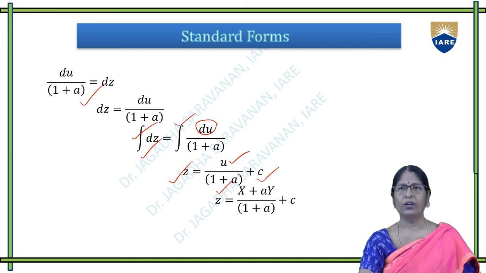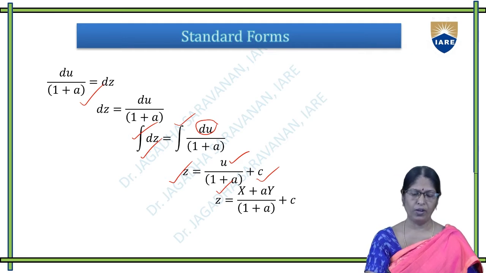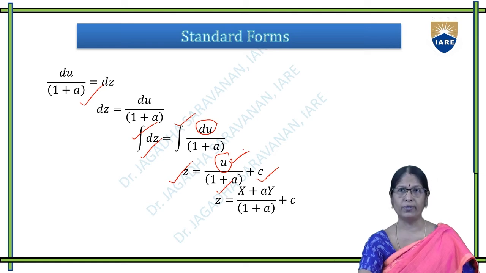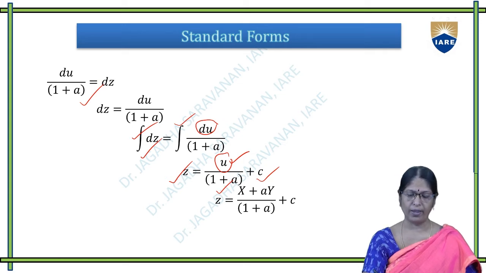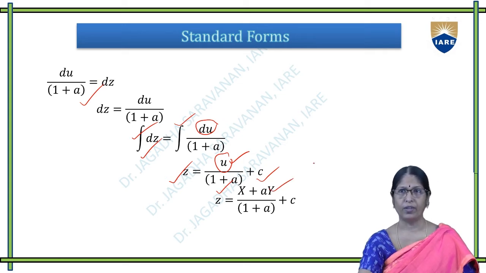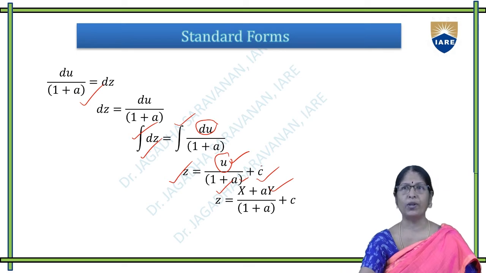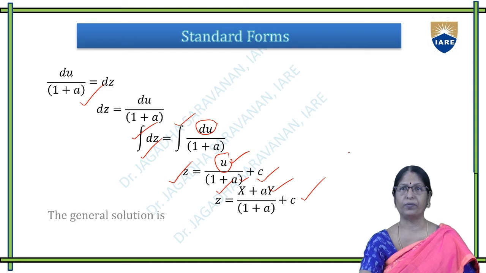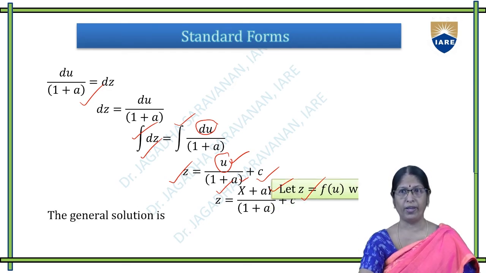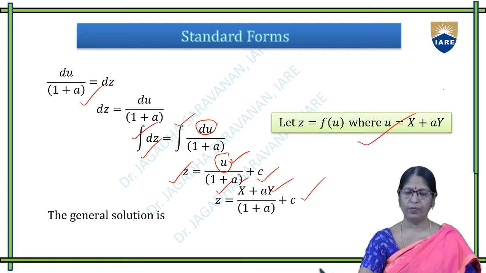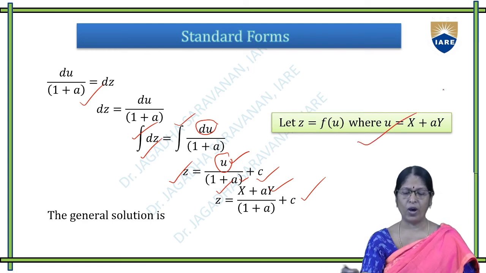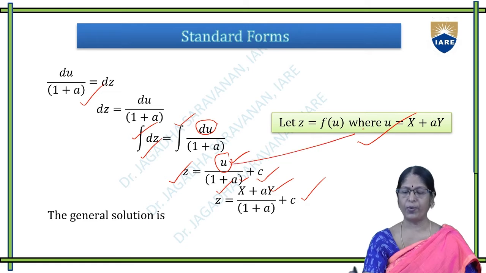So now z equal to, here u is there. From the standard form 2 condition, u should be replaced by x plus ay, divided by 1 plus a, which we have written as it is, plus constant. So now the general solution of this problem is, here we can notice, this u is replaced.